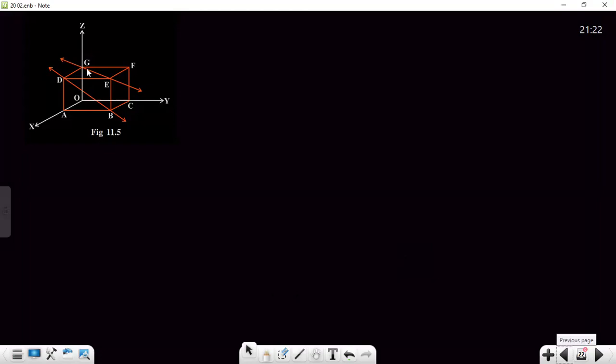This is the diagram of two skew lines. They will never intersect. They are not parallel.